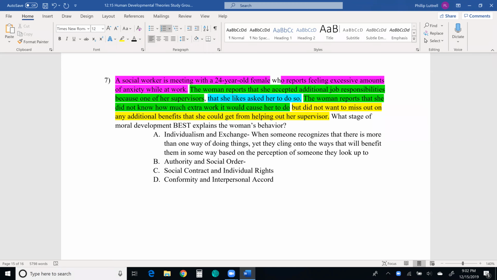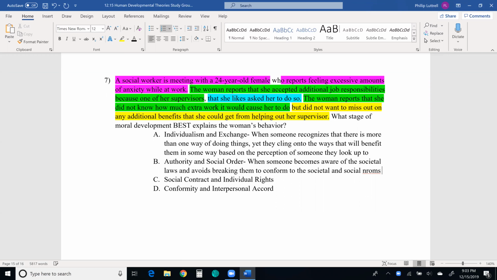Authority and social order, when someone becomes aware of the societal laws and avoids breaking them to conform to the societal and social norms.